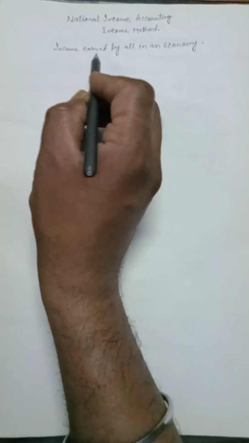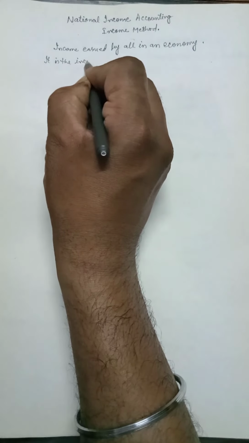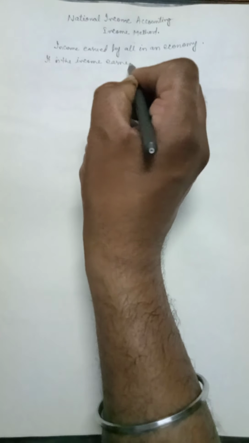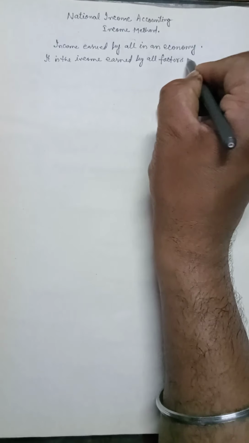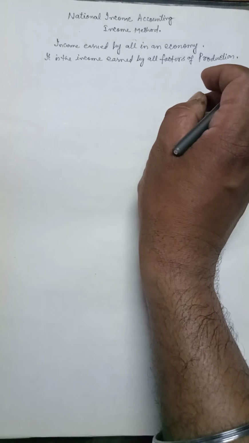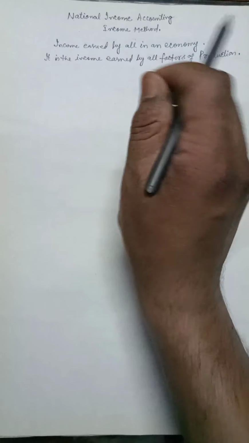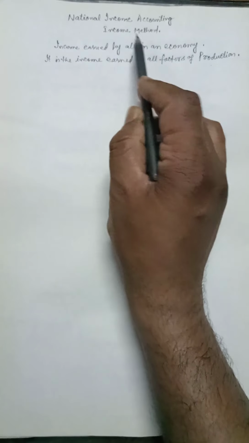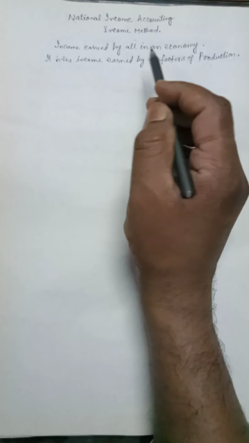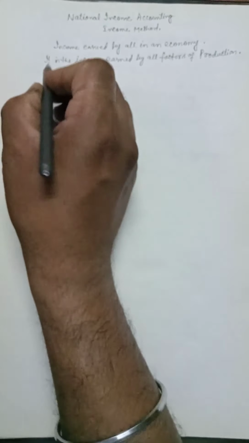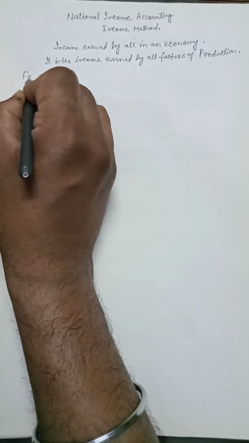That's why we can say that it is the income earned by all factors of production, because it is the payment to those factors which are involved in the production process, and national income is the sum total of all the payment received by these factors of production against their contribution in the production process. Now the question is, what are those factors?